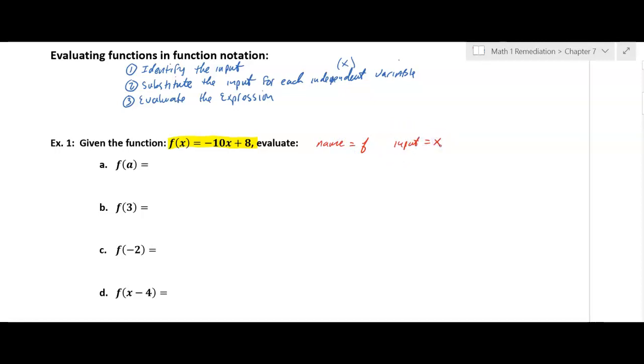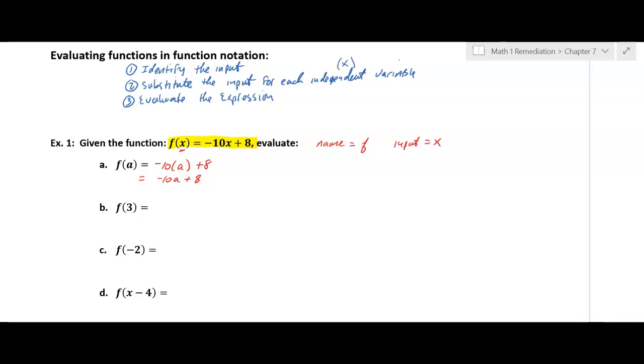So when I do f of a, that means everywhere I see an x, I'm going to kick it out and replace it with an a. So f of a would equal negative 10 times a plus 8, and if I simplify that, it would just be negative 10a plus 8.